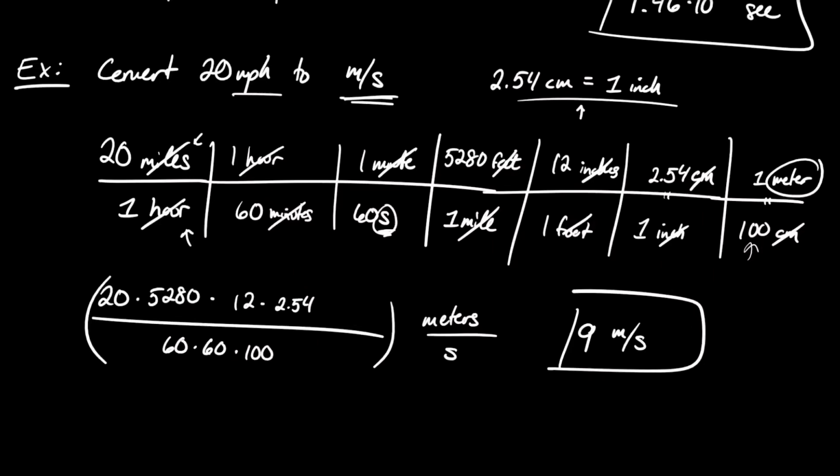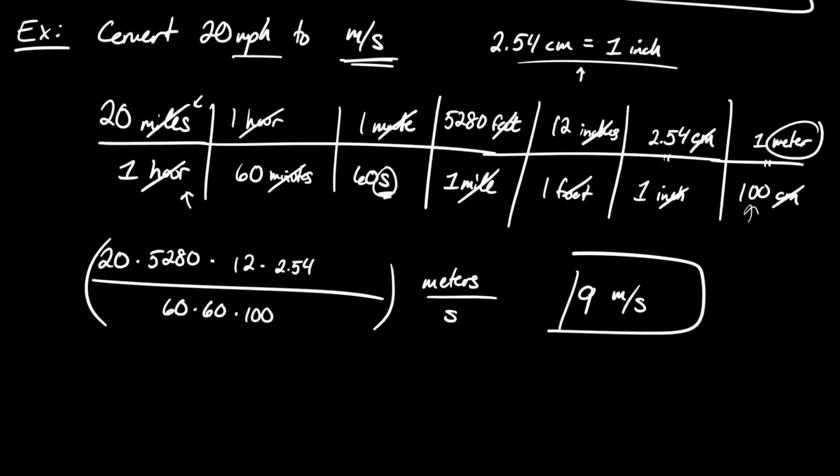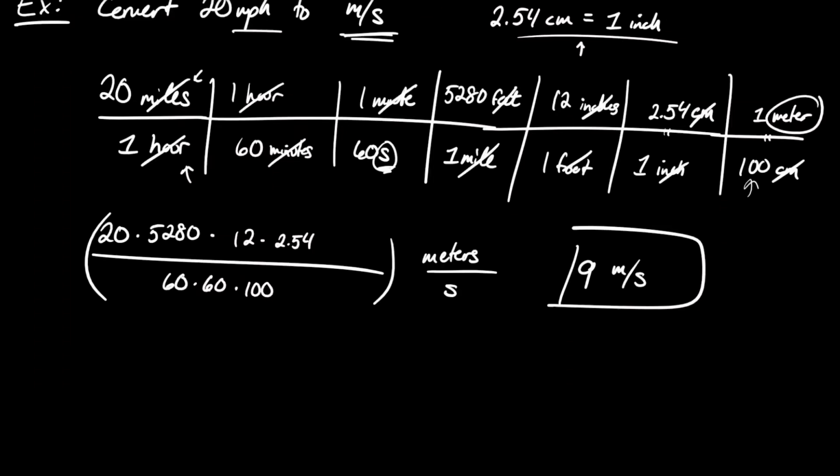Now, something I want to comment on is this is something that very often you would Google the conversion if you were doing it on a later problem or a later point in physics where you didn't want to have to do this every time. Now, if you were to Google it, it would tell you something like 1 meter per second equals 2.2 miles per hour, I believe is the accurate conversion.